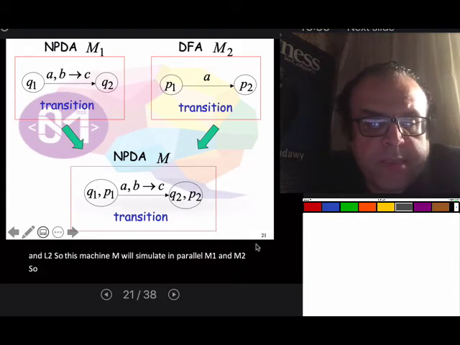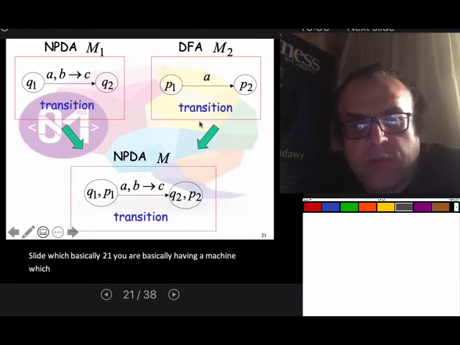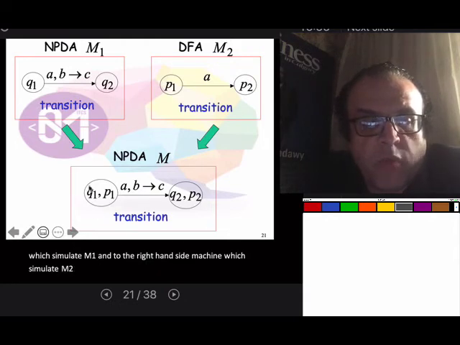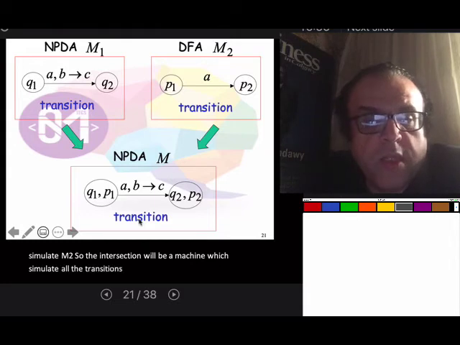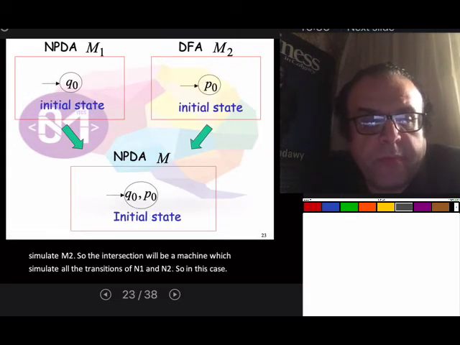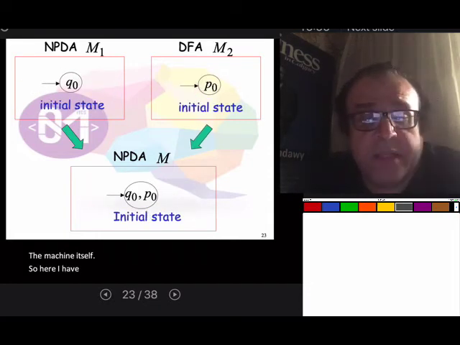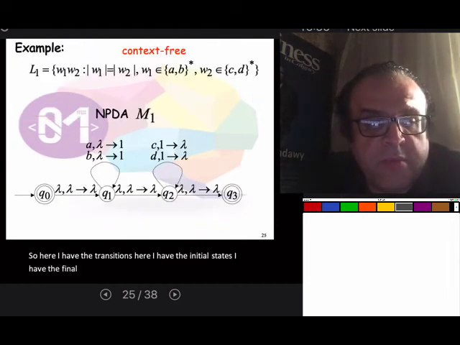If you move to the next slide, slide 21, you have a machine which simulates M1, and on the right-hand side a machine which simulates M2. So the intersection will be a machine which simulates all the transitions of M1 and M2. Here I have the transitions, the initial states, and the final states, and from them I can prove that this is a context-free language.